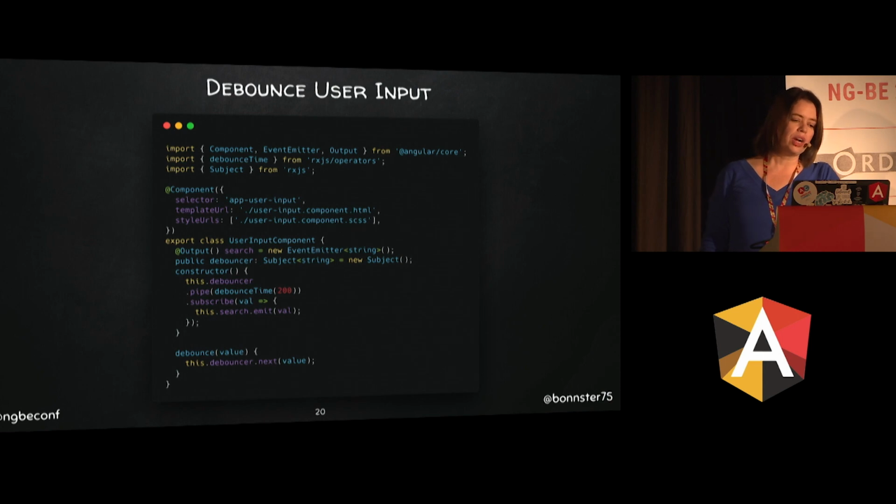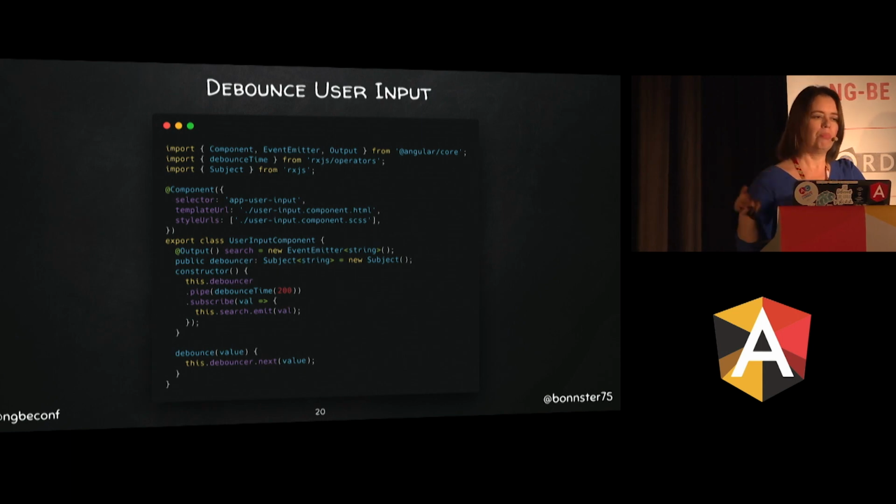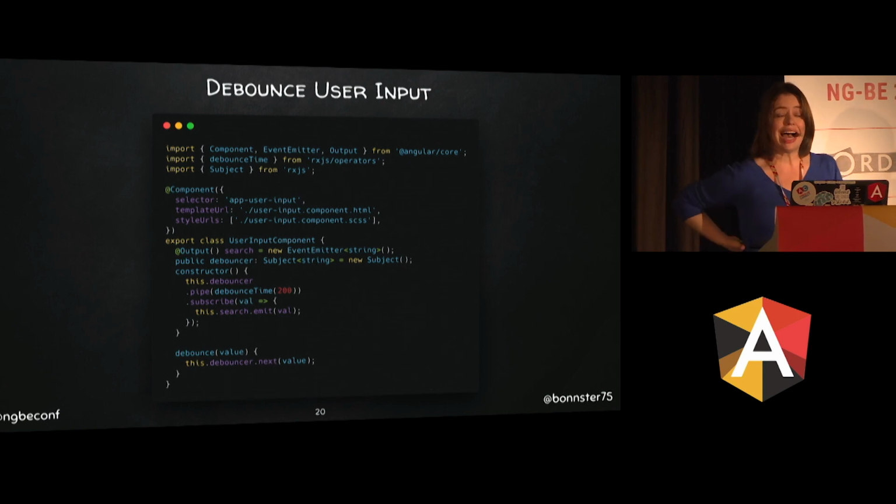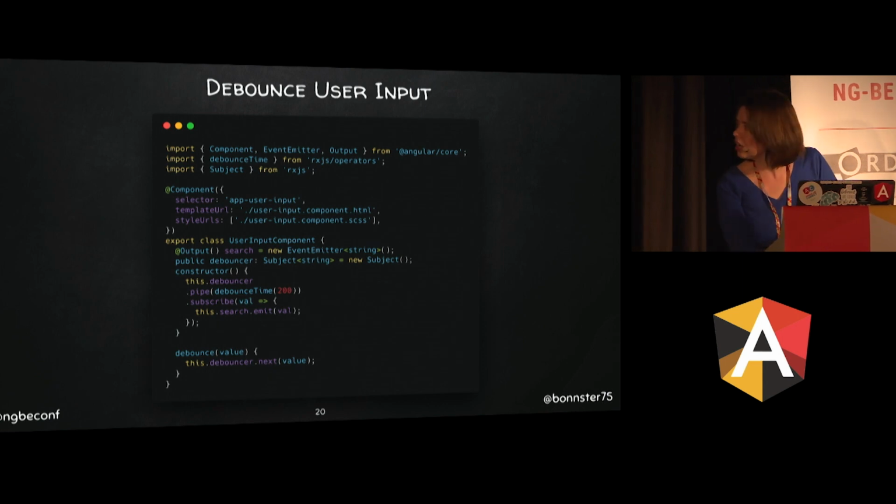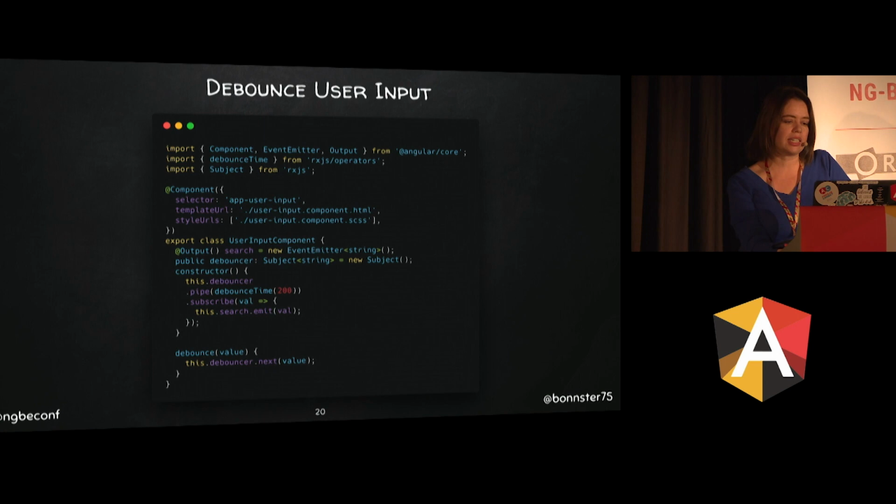There's an RxJS operator called debounce, and it's a great operator, but it requires a callback function, which I didn't love because I have to put a function inside and pass it in. So instead, I recommend debounceTime, which is the same exact behavior, but all you have to do is pass in milliseconds. How many milliseconds do you want? Which is super easy.